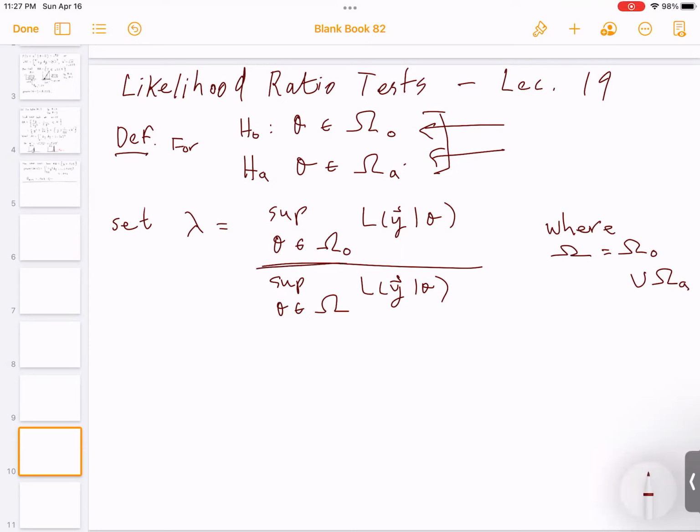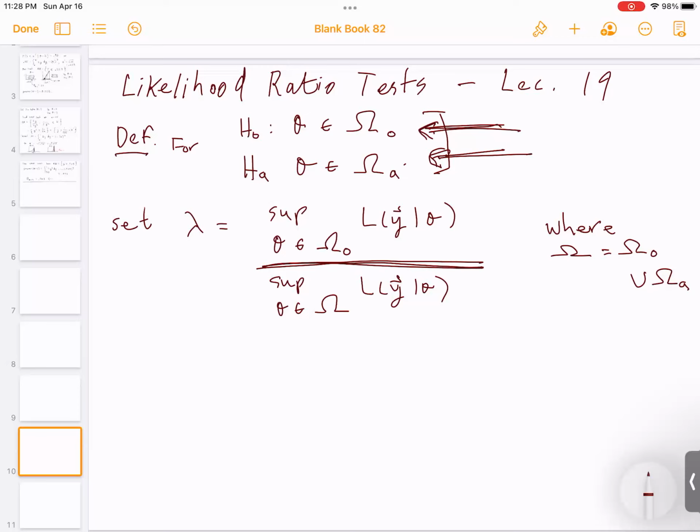We set it to the sup of the likelihood of y, your sample, when theta, the parameter that you're testing, is in the null hypothesis, and let that be the numerator. And then we divide it by the sup of the likelihood, where theta is allowed to be in the union of these two sets, so in either H0 or HA.